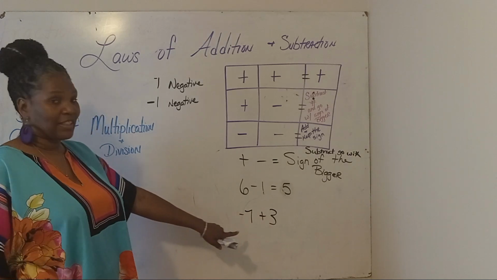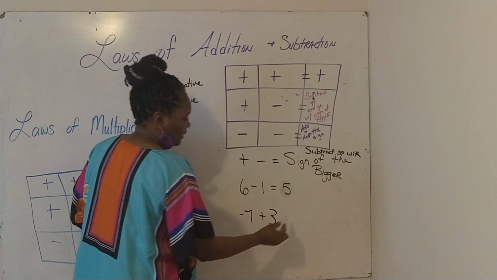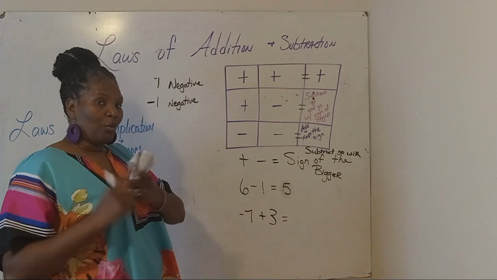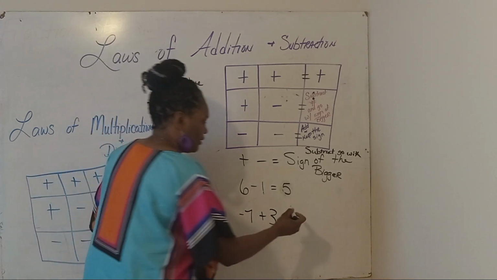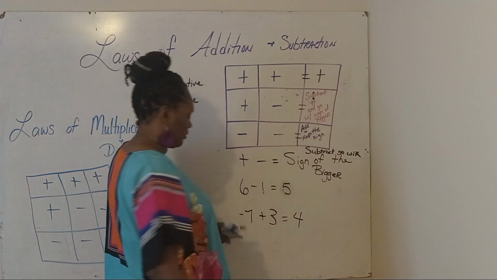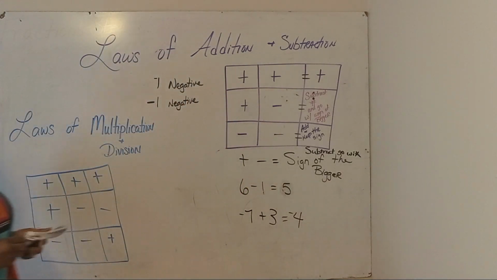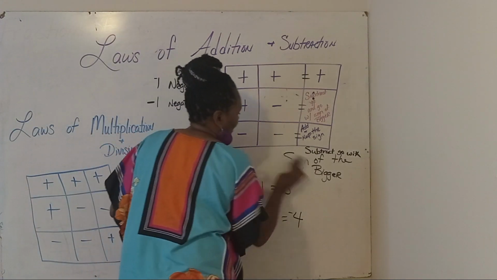We have two different signs. We have a negative sign and a positive sign. So different signs, you subtract. 7 minus 3 is what? 4. And you go with the sign of the bigger number. 7 is the biggest number, so it's -4. That's what I mean by subtract, and you go with the sign of the bigger number. Okay? And then let's do this last one.